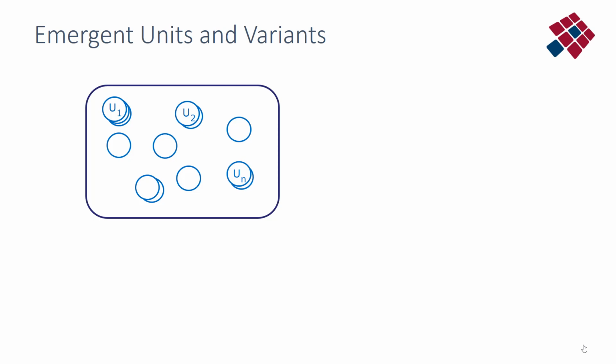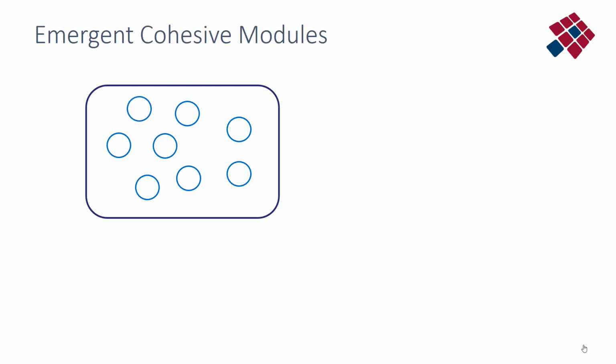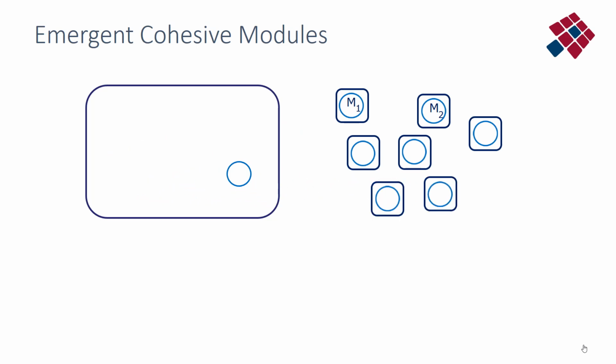So what is an alternative? The alternative would be that we would have chair parts, variants of parts, and separate modules for every part or every unit of work. So we would have for unit 1 a module 1, for unit 2 a module 2, etc., and for unit N a module N. Now it's important to note the difference.